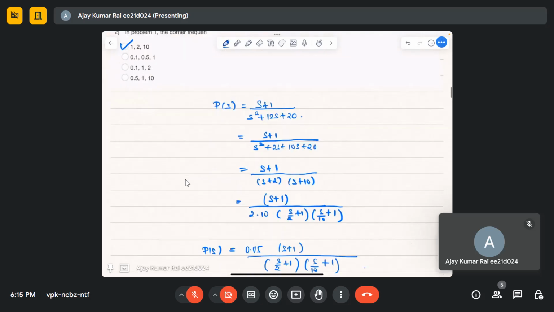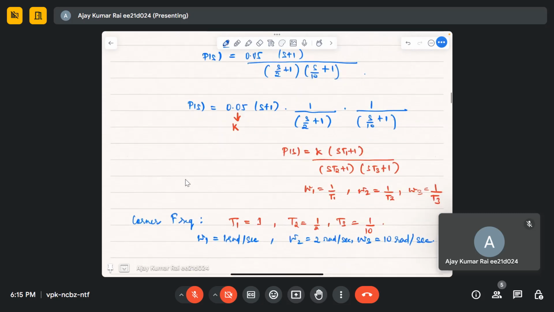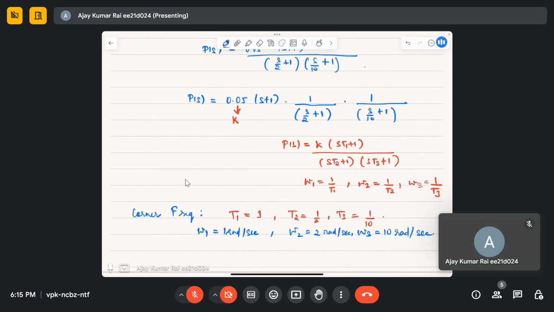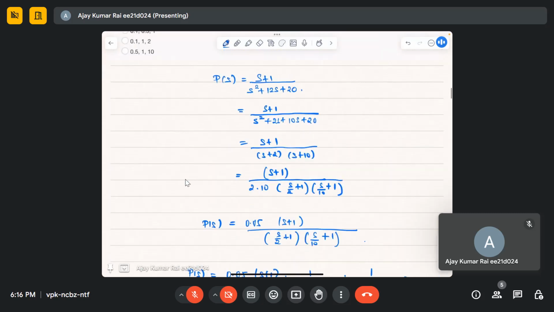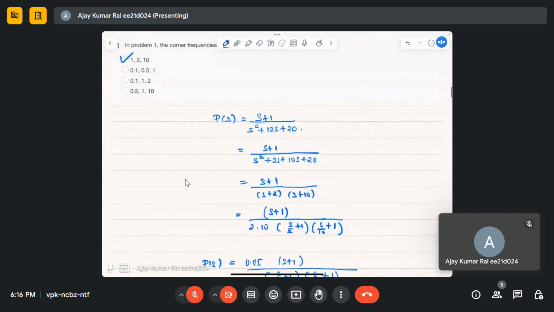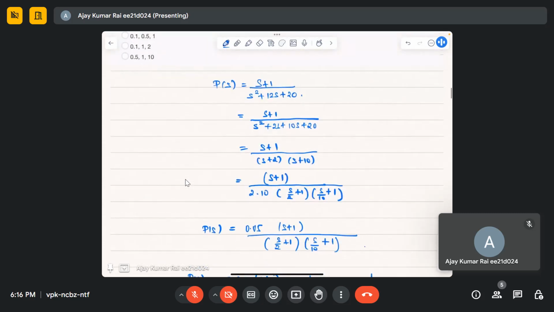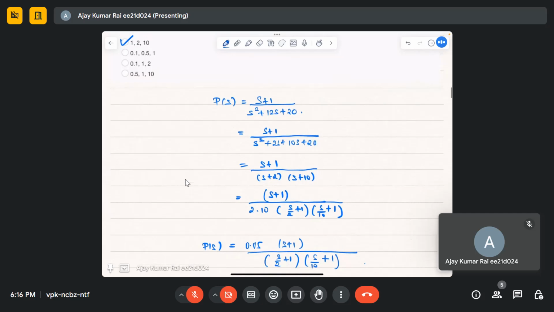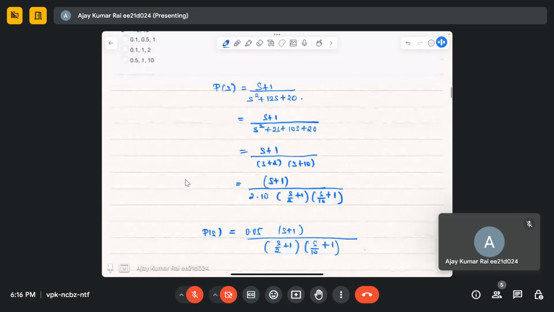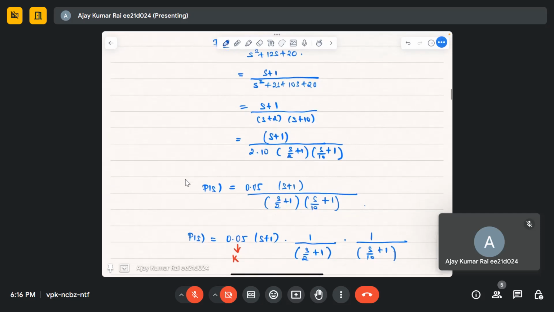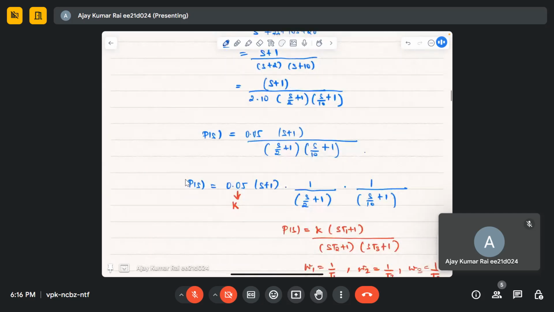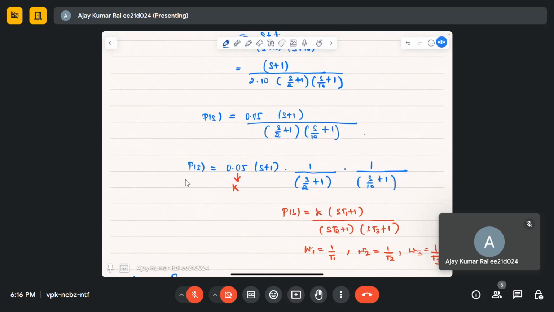Any doubt in this case? What we have studied, we are just comparing the transfer function. I hope there is no doubt. This is also very simple. For the given transfer function, the numerator is already factorized, so I have just factorized the denominator. The two factors are (s + 2) and (s + 10), written in the form of time constants.